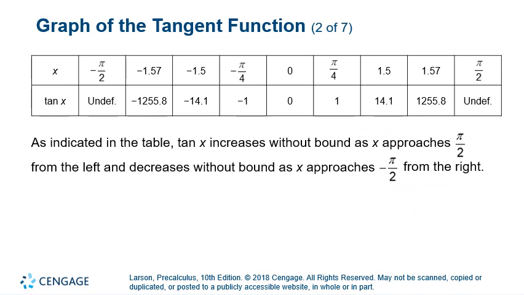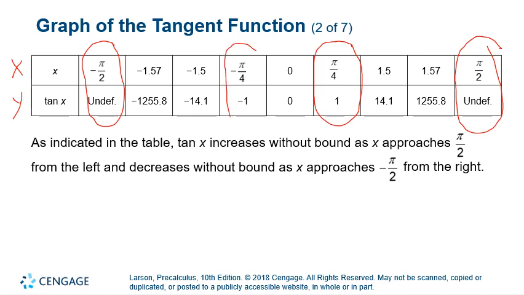What you have in front of you is basically an XY table of X values and tangent values at those X values. So here you can see your undefined points at negative pi over 2 and pi over 2. You can also see those famous ones where tangent is 1 and negative 1. Those are also things we're used to seeing.